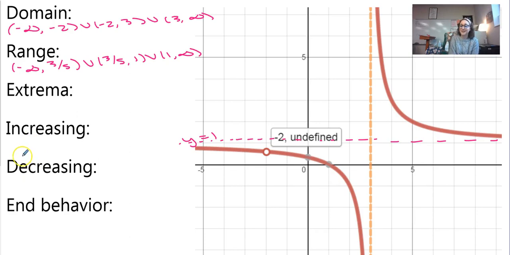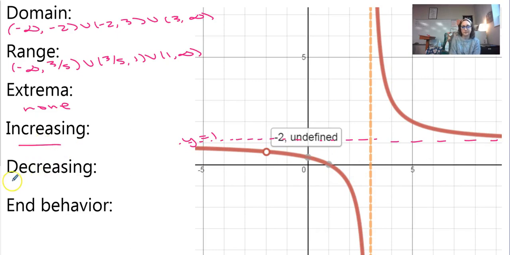All right, extrema, any relative mins or max? No, none. Then let's look at increasing, decreasing. As we're in this corner, are we increasing or decreasing? Decreasing. And what about here? Also decreasing.